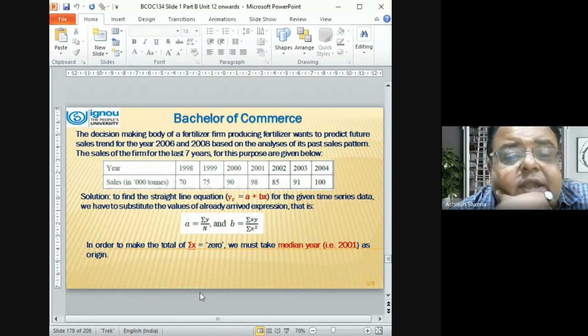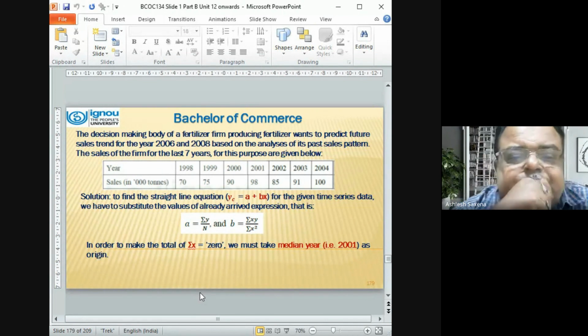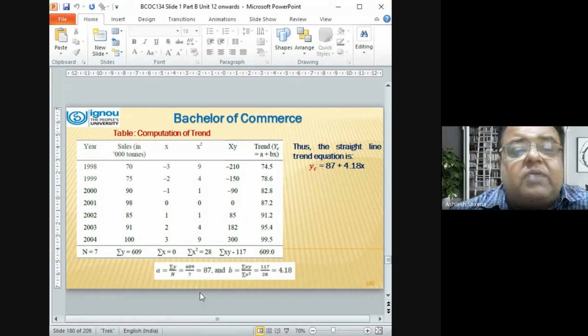This is the data given to us. The formulas are here. Now how the calculation is done.